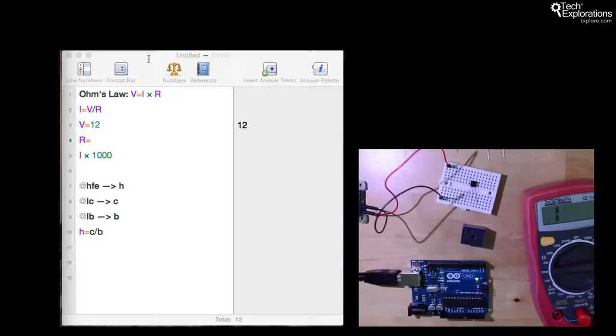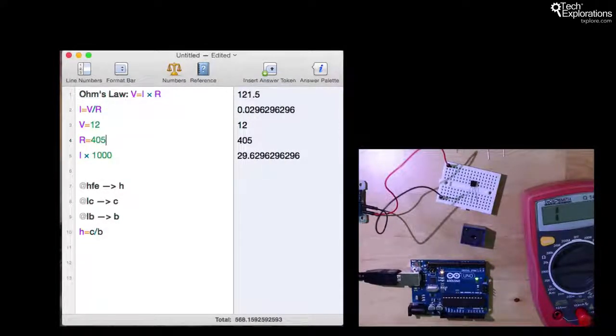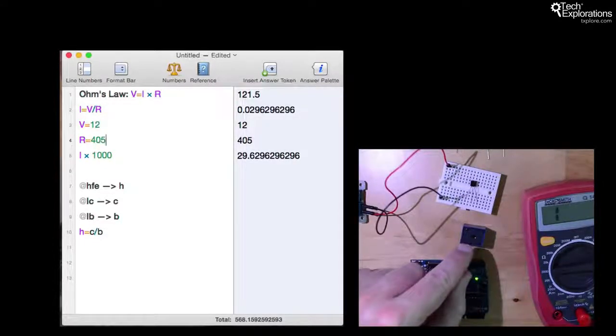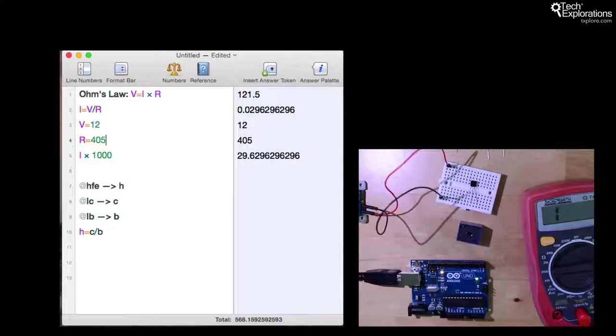I'm going to go to my calculator, and for resistance, I'll plug in the value 405. Now, I know that I'll be giving this relay 12 volts from my power supply, since it's a 12-volt relay. So I've already got 12 volts in my calculator, and that gives us about 29.5, let's say 30 milliamps of current through the coil.